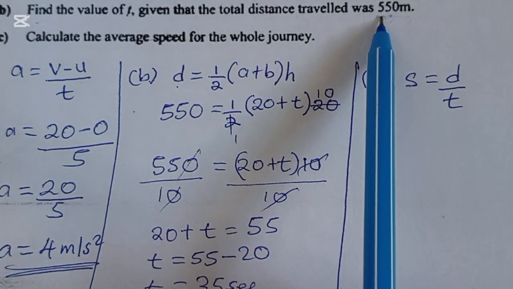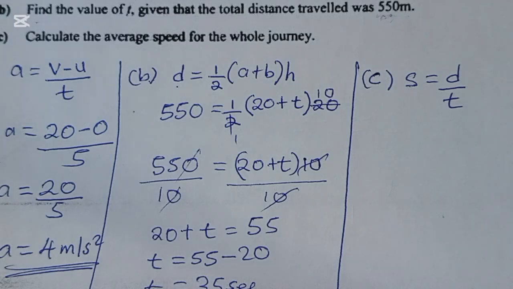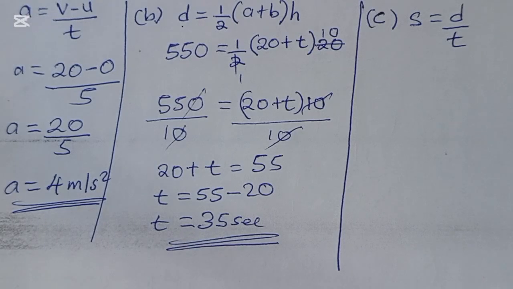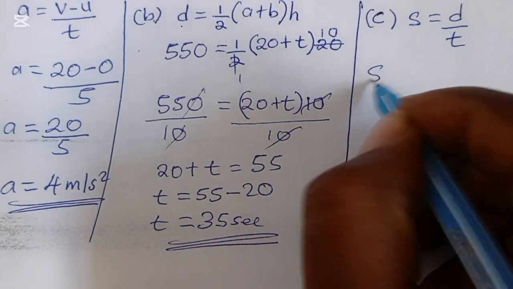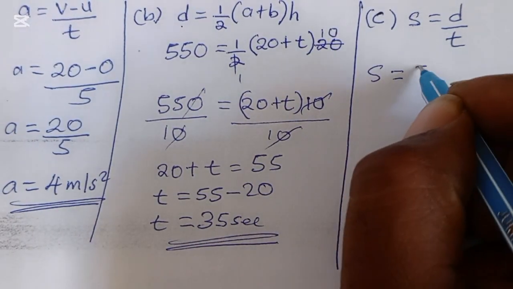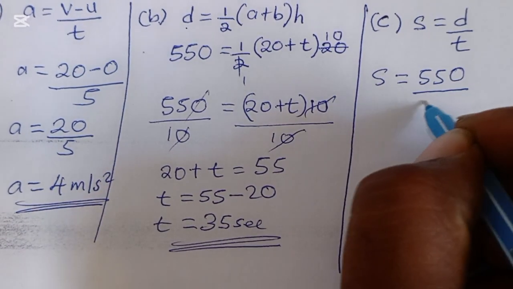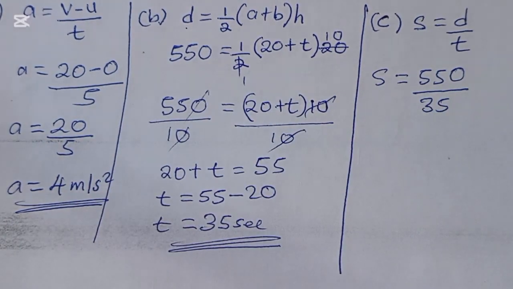The distance for the whole journey is 550. And now the total time is 35. So average speed is equal to distance, 550, over 35.